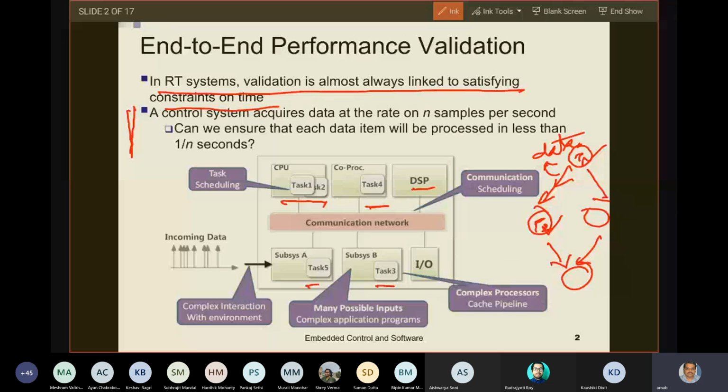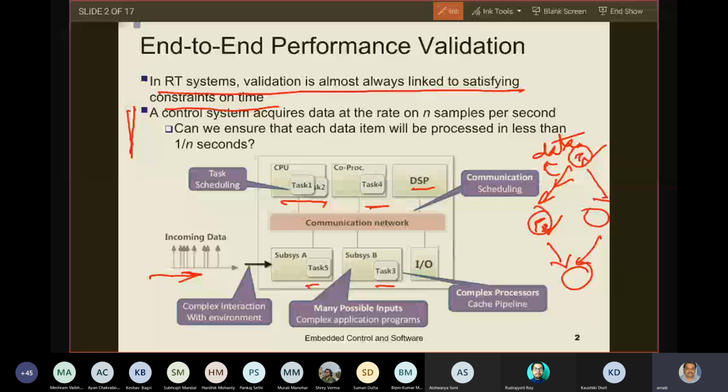For example, let us say that I have an application which takes streaming input data continuously, for example, sensing the speed of the car every 150 milliseconds. It goes on taking data and it goes on producing actuation outputs.